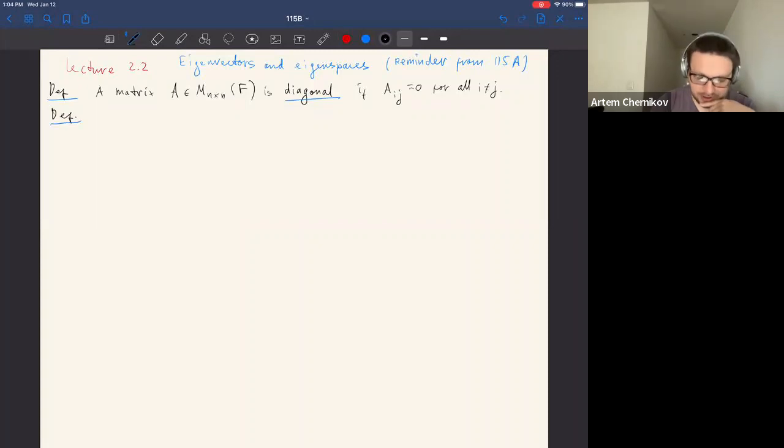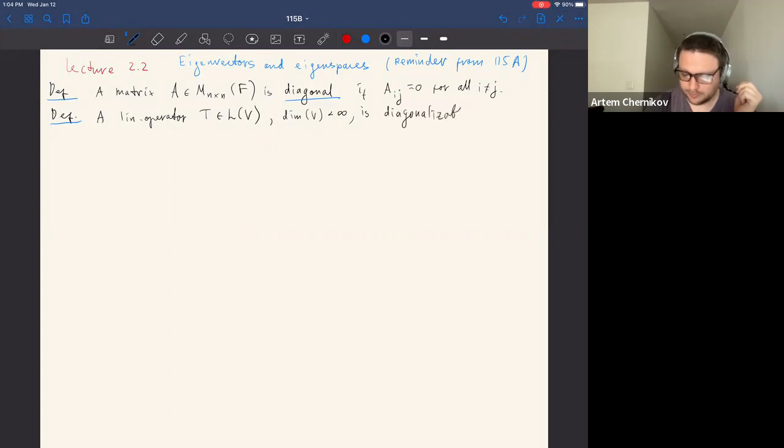Similarly, we define that a linear operator T on a vector space V, remember, this is just a linear transformation from V to itself, where we assume that the dimension of the vector space is finite, is said to be diagonalizable if there exists some ordered basis beta for V such that the matrix representing T with respect to this ordered basis beta is a diagonal matrix.